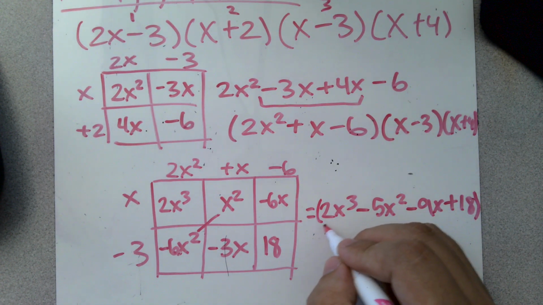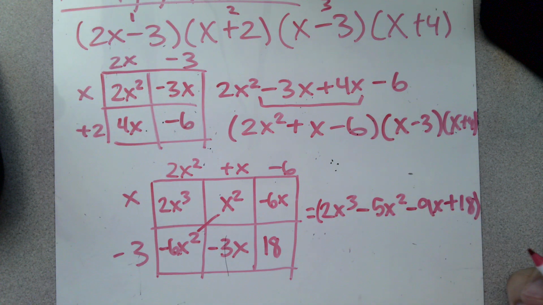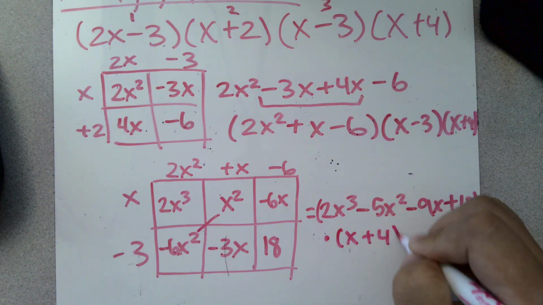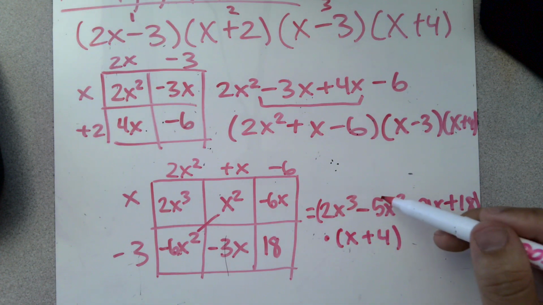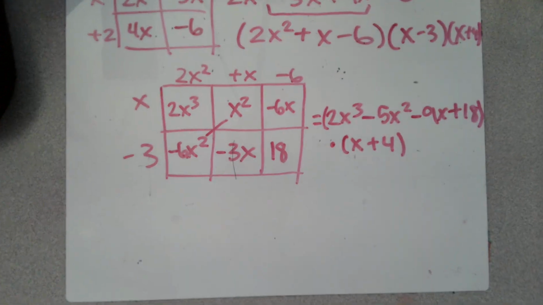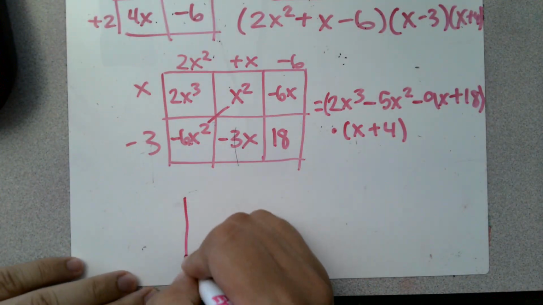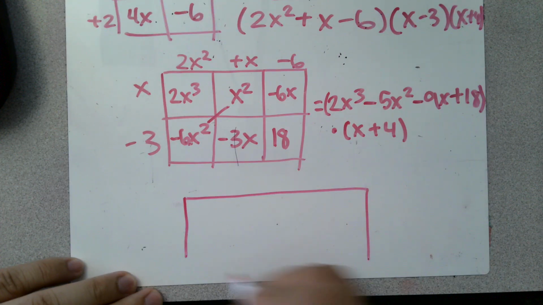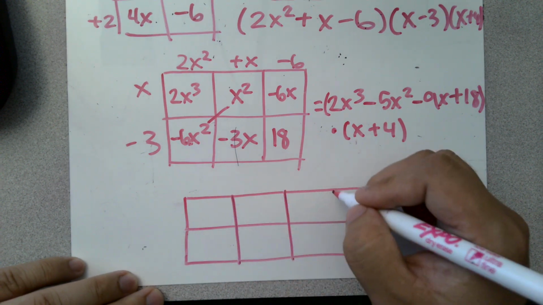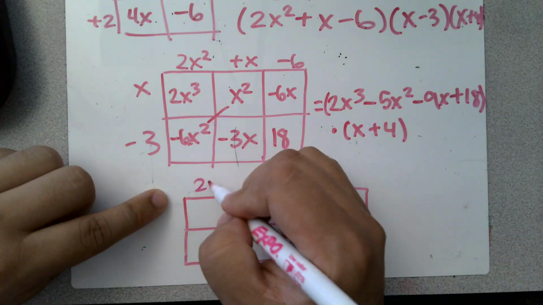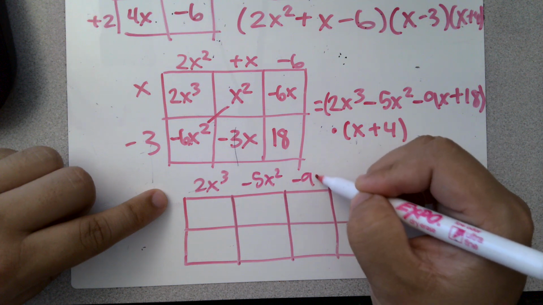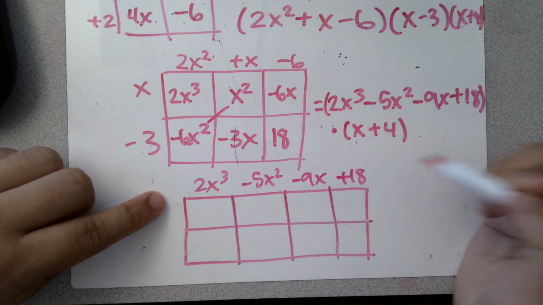So now I need to multiply this times x + 4. Well, now I have 4 terms, 1, 2, 3, 4, multiplied by 2 terms. So our box this time will be 4 terms multiplied by 2 terms. My 4 terms go here, 2x cubed - 5x squared - 9x + 18.